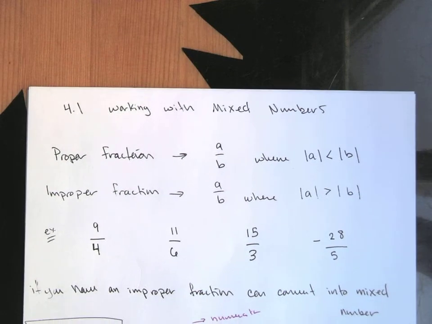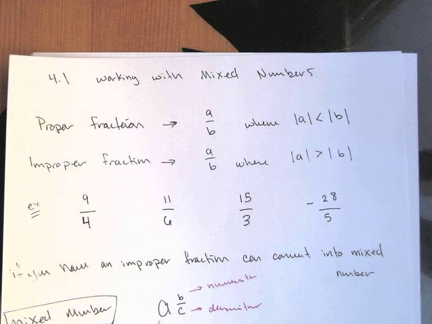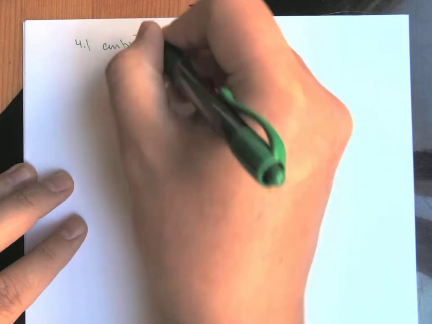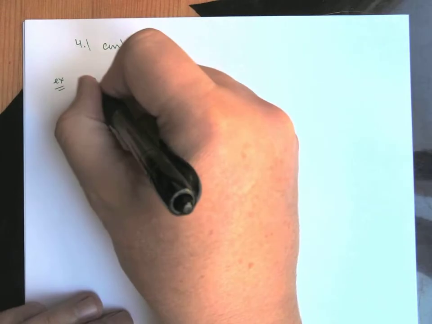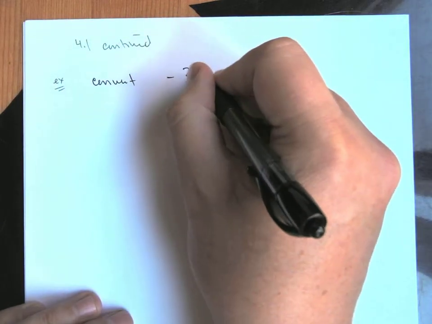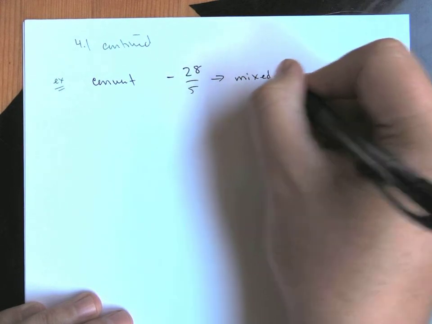Let's do this 28 over 5 maybe. So let's convert negative 28 over 5 to a mixed number.